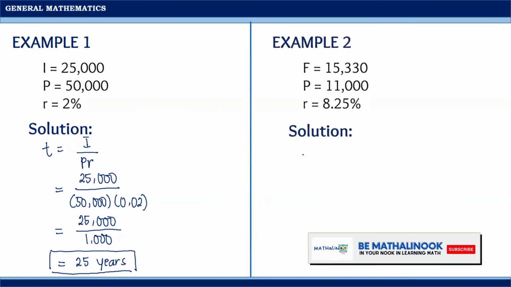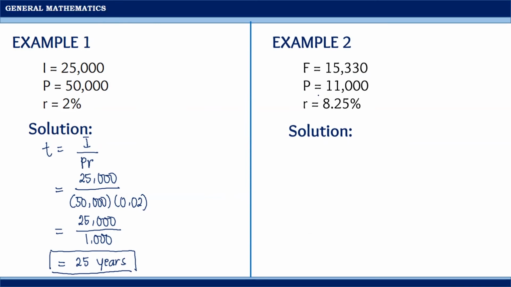Let us try another one. Suppose that the future value is equal to 15,330 and the principal is equal to 11,000 and the rate is equal to 8.25%. Let us try to find the value of t.